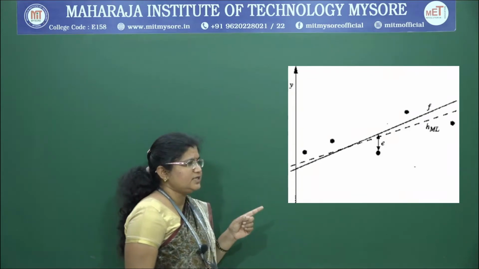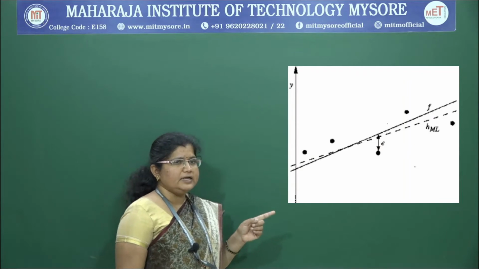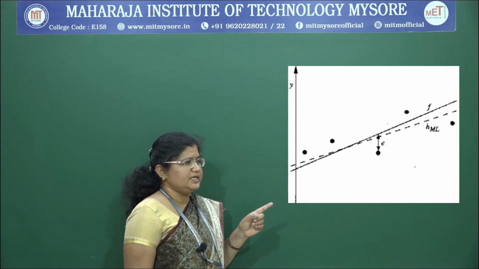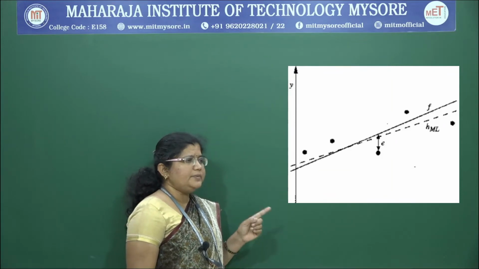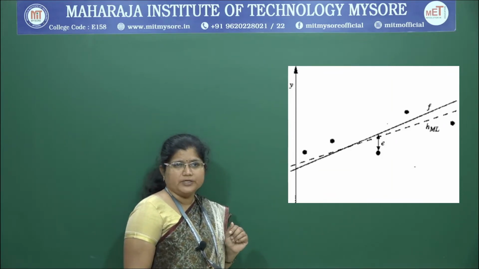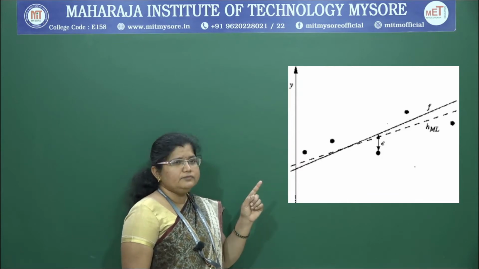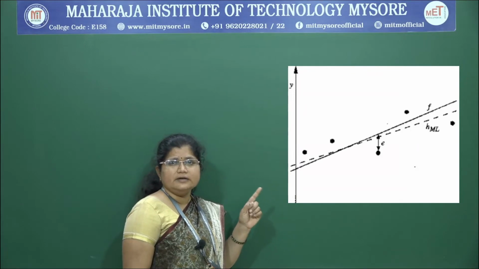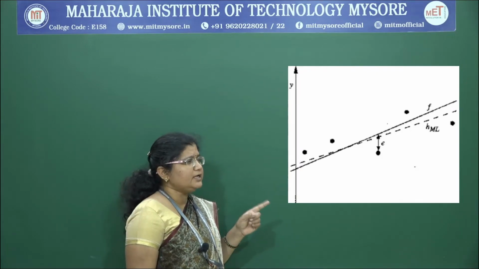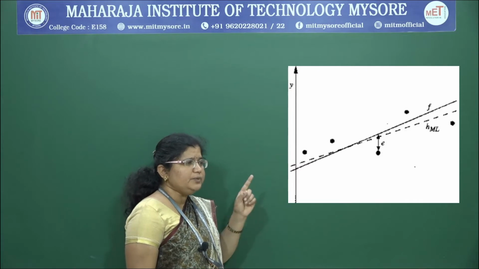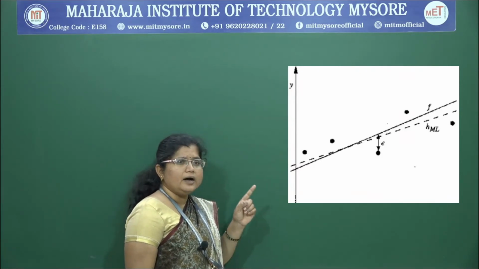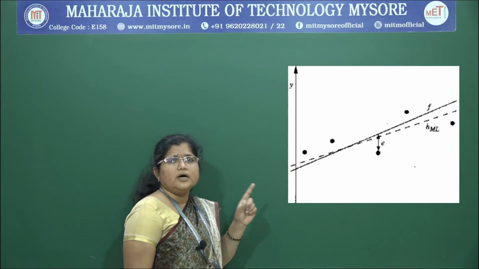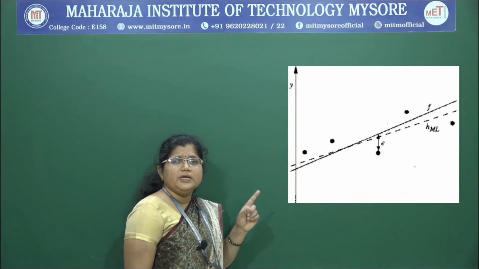When you look at this diagram, there are 5 points representing training examples. The solid line is the target function, but the maximum likelihood line tries to minimize the error and find the hypothesis with the minimum error.